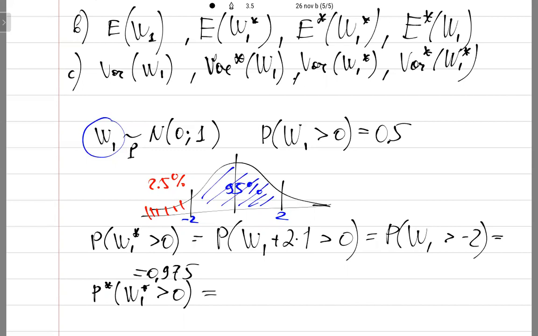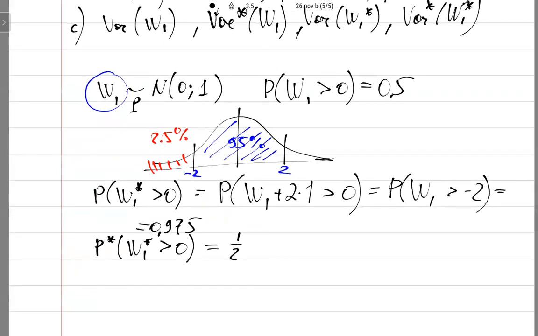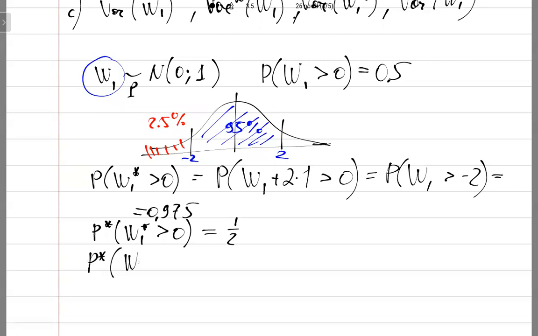Should be 0.5. When everything is star, it's easy, because W star is a Wiener process with respect to some filtration under P star, and that's 1/2.